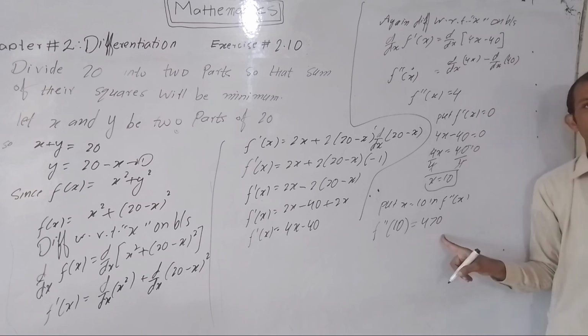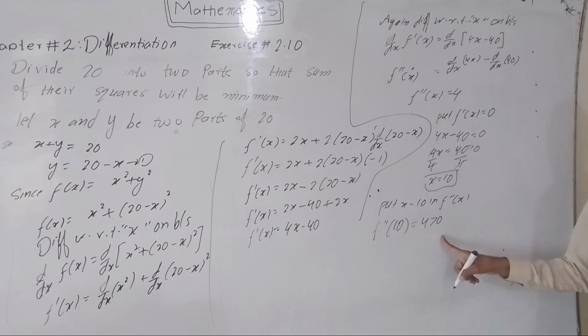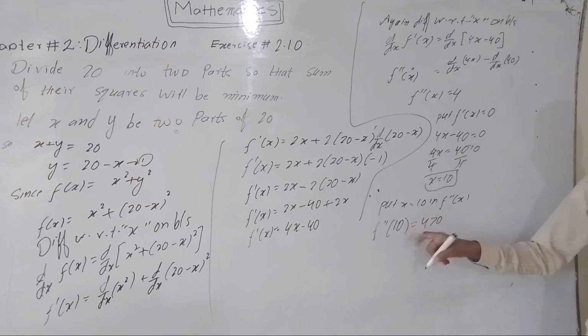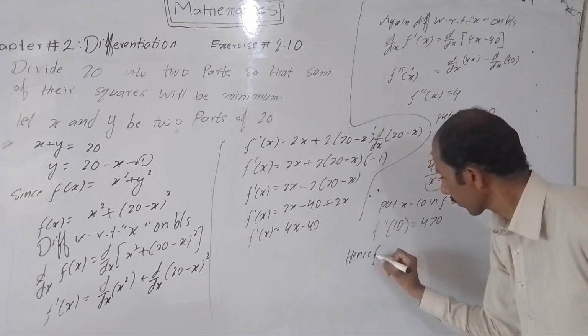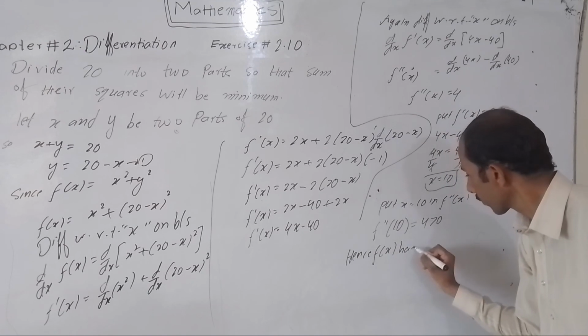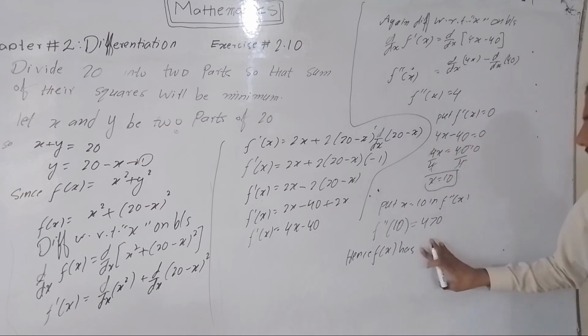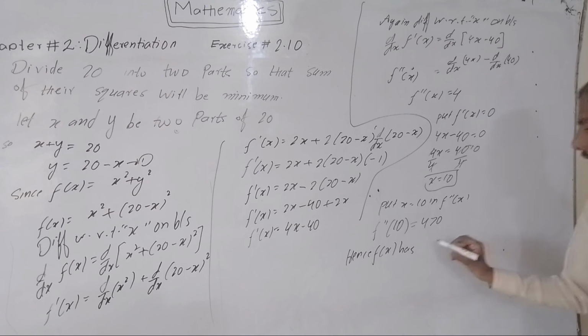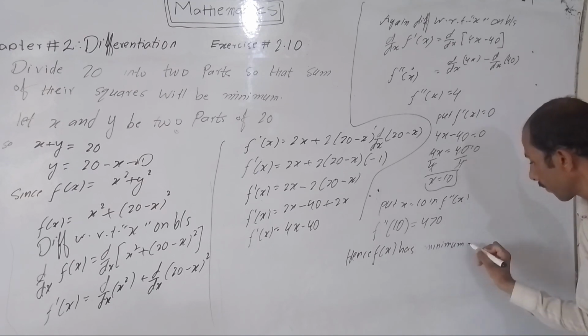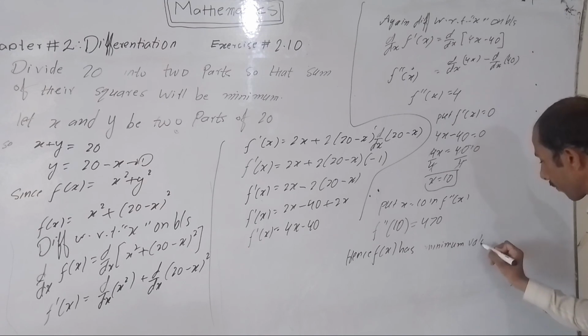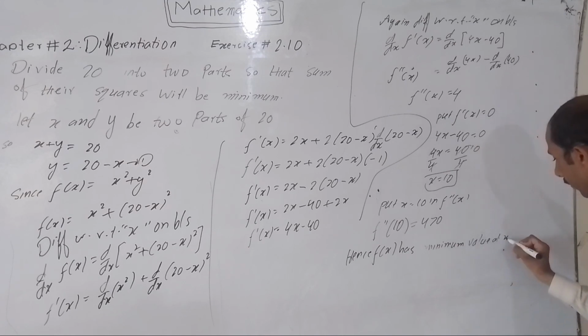Hence f of x has relative minima at x is equal to 10. Has minimum value at x is equal to 10.